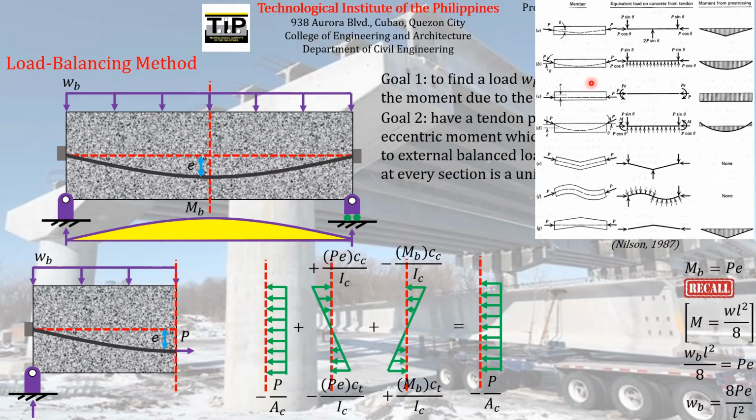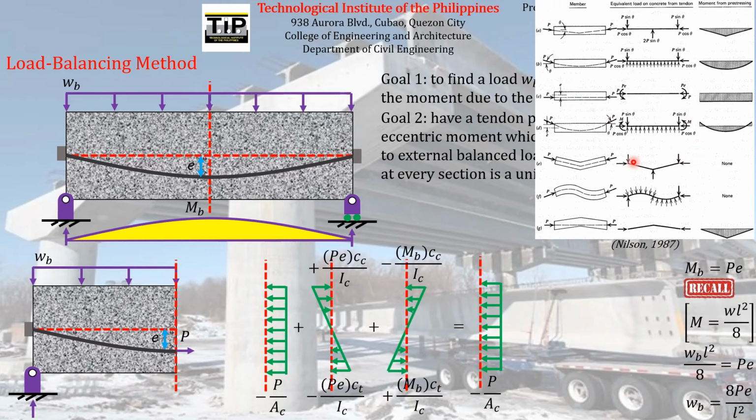So therefore, in order for us to counteract those bending moments all throughout the length of the beam, we must have a tendon profile same as this with a constant eccentricity so that there will also be a constant eccentric moment due to the pre-stressing force all throughout the length of the beam, which will look like this, which will just balance the bending moments that will be produced by the applied concentrated moments at the ends of the concrete element.